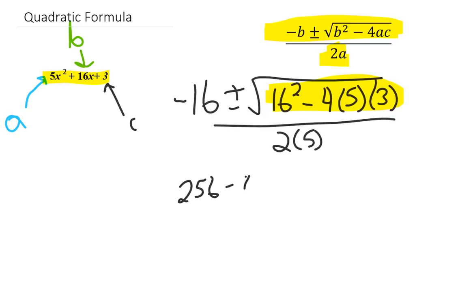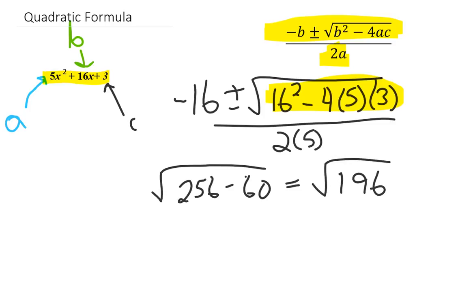Times 3 is 60, so inside here I will have the square root of 256 minus 60, which gives me 196. So I'm looking at the square root of 196, and if I do the square root of 196, that'll give me 14. So it's nice because we have a nice even number here. So the square root of 196 is 14.